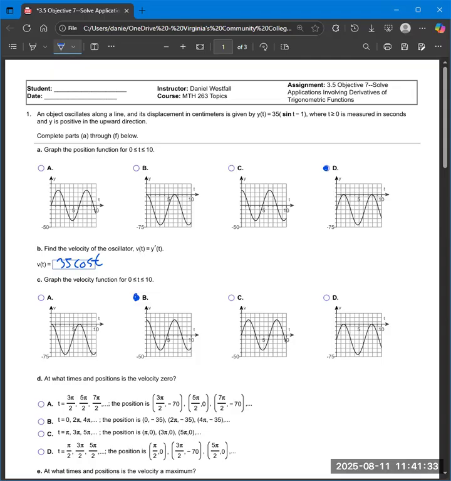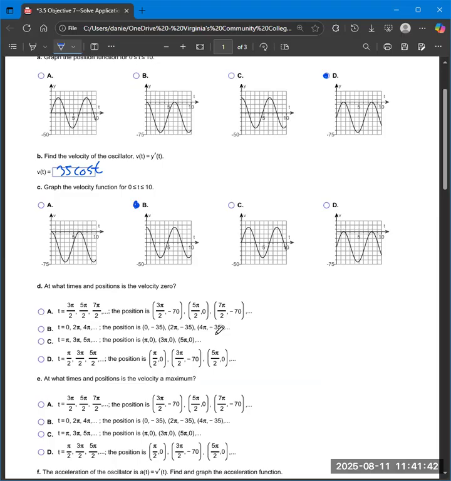And then what would the zeros of the velocity function be? They're going to be at these places between the minimum and maximum points. So they're at pi over 2, 3 pi over 2, 5 pi over 2, and so on, right?